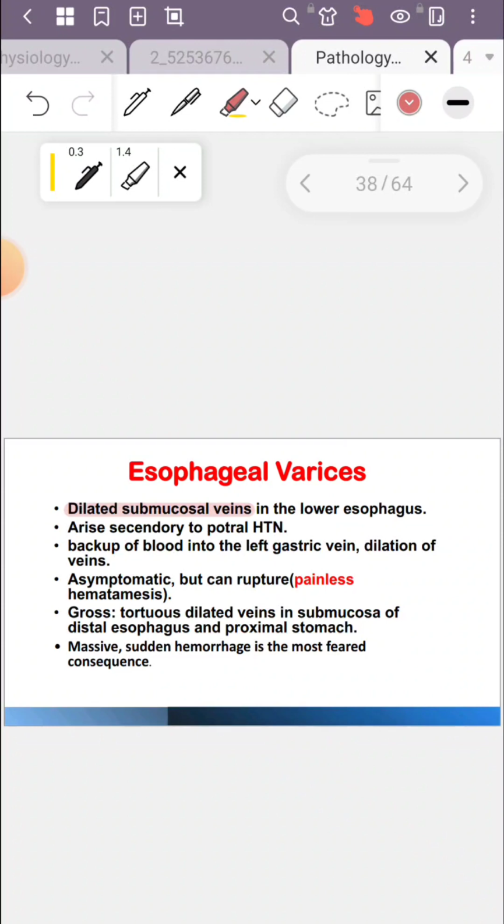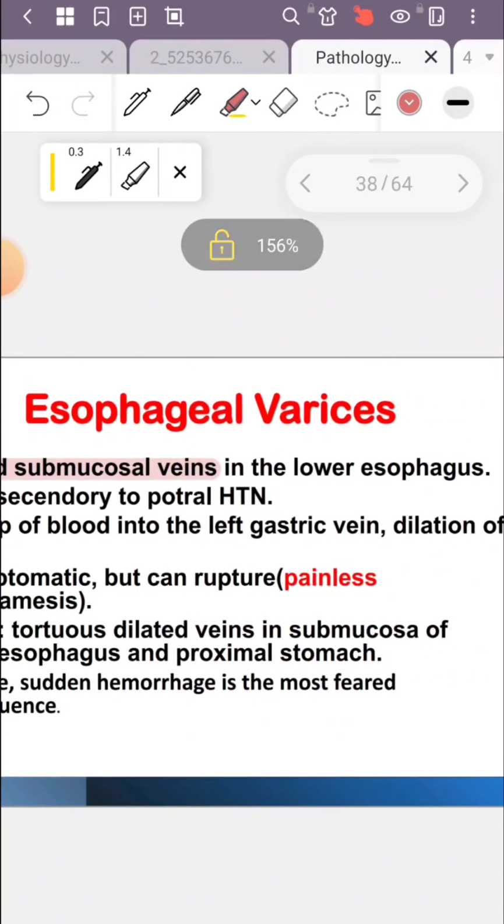When you say portal hypertension, there is obstruction of blood flow through the portal circulation. The whole liver has cirrhosis, nodules and fibrosis, so there is obstruction and the blood does not pass through. So the blood flows backward, back flow to the gastric vein.